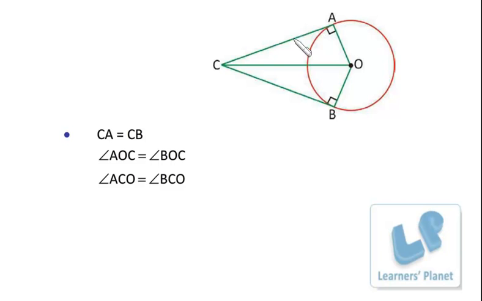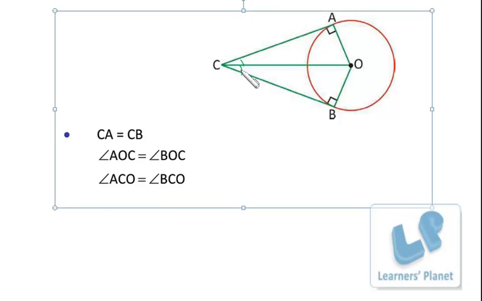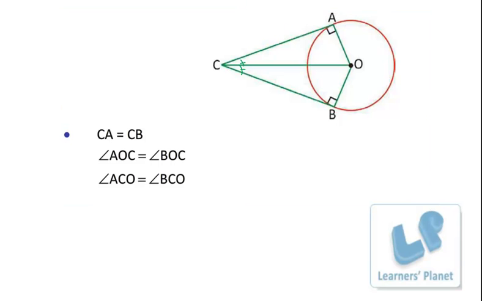And CA is equal to CB, and this length CO is common. So precisely triangle CAO is congruent to triangle CBO. So this angle will be equal to this angle, because the two triangles are congruent to each other, and this angle will be equal to this angle.